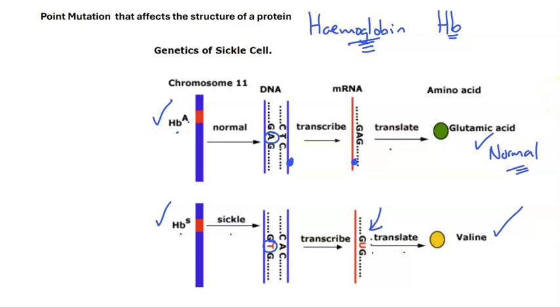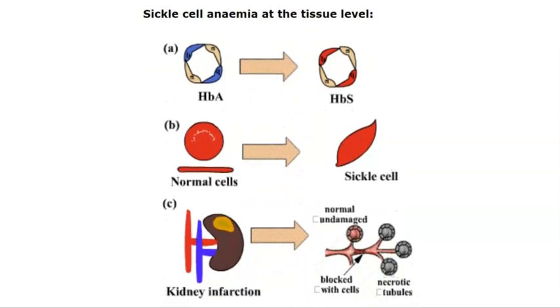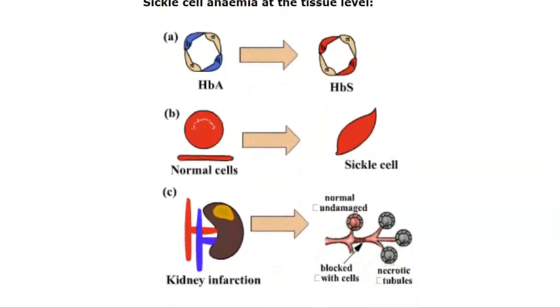These details are not required at this point in the syllabus, but it's very interesting to think about this, that the mutation has changed the protein in hemoglobin, and this causes the shape of the cell to change, and this cell shape, which is known as the sickle shape, can cause all sorts of physiological damage.